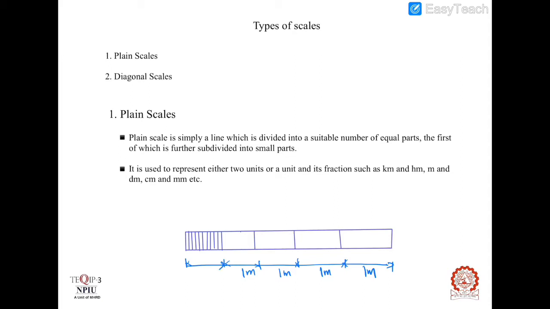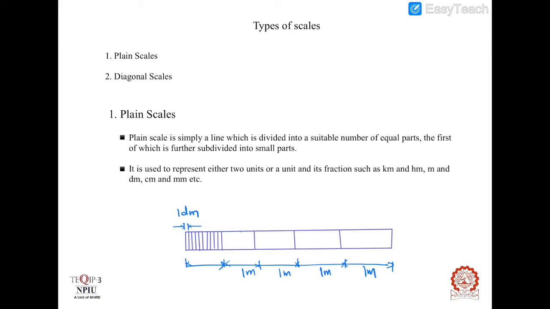So one division will represent 1 decimeter. Clear? So this kind of scale is called plane scale.